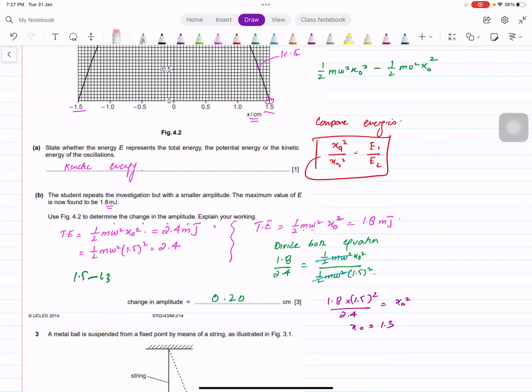That's what you're saying? Yes, sir, and then automatically I believe that half mv square will get cancelled on both sides. So that will be x naught square minus x square, and then we can find it using 1.5 square minus.